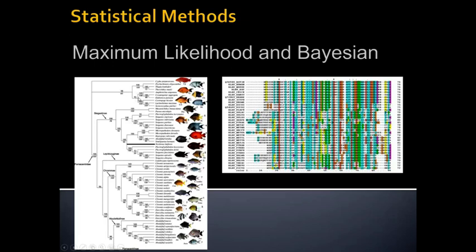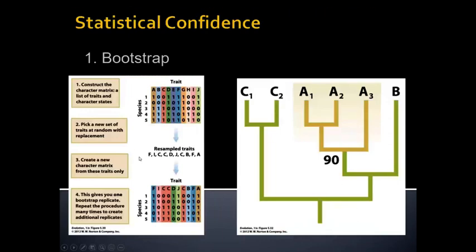If it's below, especially as it gets down close to 50, that means we're not really so sure about that set of relationships, that maybe it's not great. And sometimes if it's below 50, they'll even collapse the node. So here we have a polytomy where we have 1, 2, 3 branches that all are coming from that common ancestral node. Okay, so if you see numbers above a phylogeny, just know that it's a support measure.